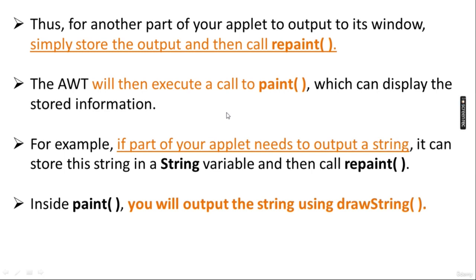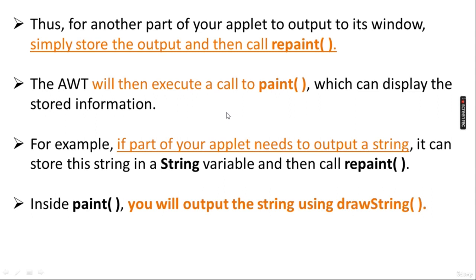Take another part of your applet, like your banner scrolling. Half of the banner is displayed on the applet and half is outside it, so it should be scrolled. What you have to do is store the output and then call repaint.